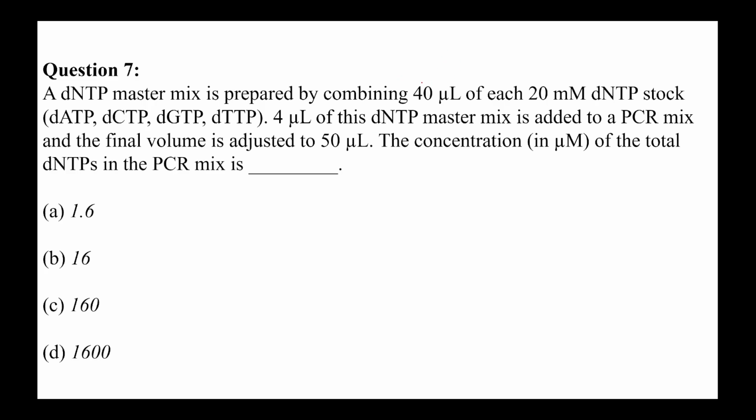So, basically, the master mix is prepared by combining 40 microliter of each 20 millimolar dNTP stock. Means we have 4 stocks: dATP, dCTP, dGTP, and dTTP. All 4 of them, the concentration is 20 millimolar.